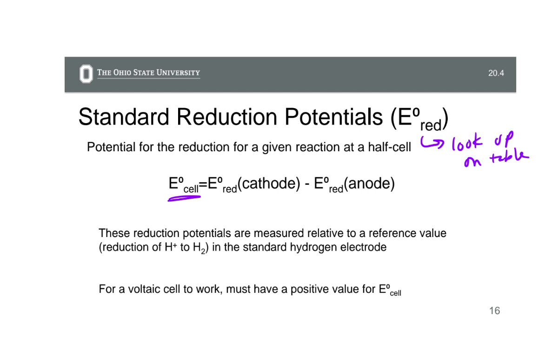These reduction potentials are essentially a relative value. We have a reference value where we reduce H plus to H2, and that has a value of 0 volts, and everything else is relative to that.